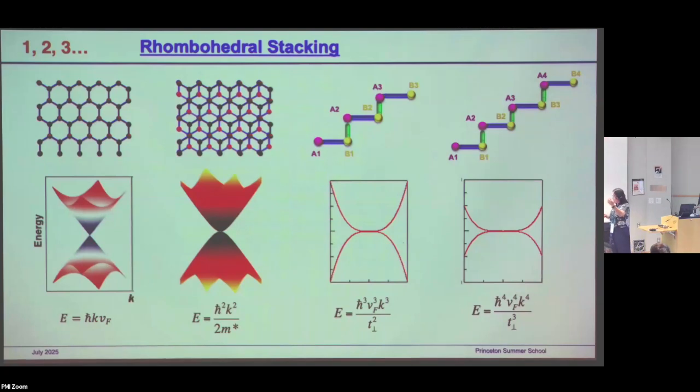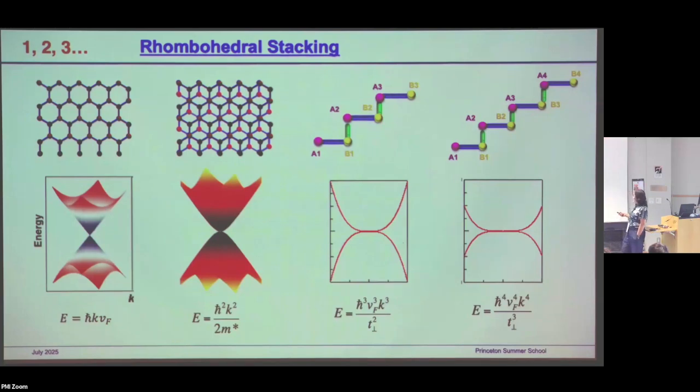So if you're not working on the energy scale of an eV, you can forget about these bands. You're only left with the atoms on the surfaces, the A sublattice on the bottom surface and the B sublattice on the top surface. Each hopping gives you one power of the momentum, so that's why it gets flatter and flatter.